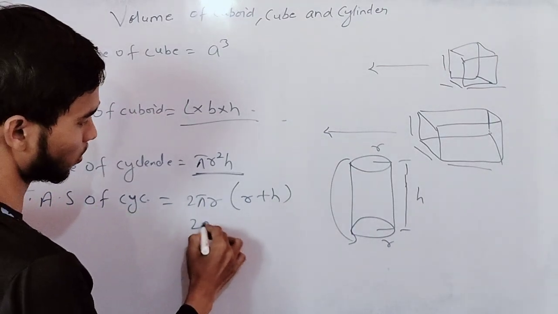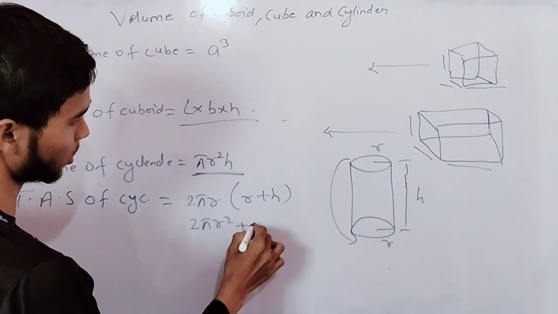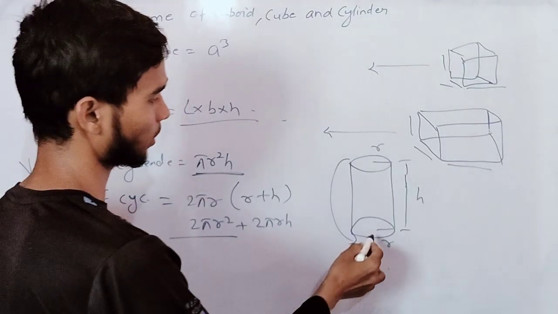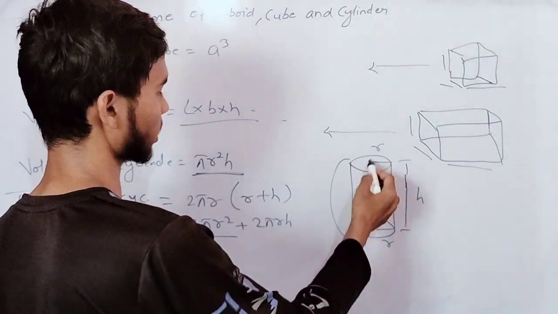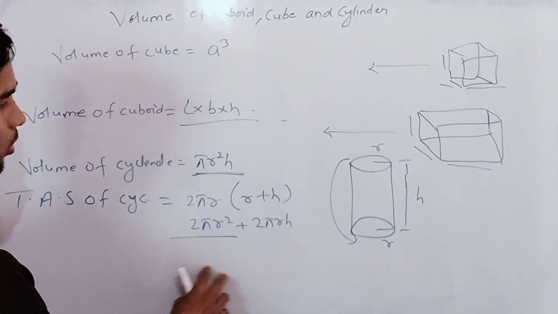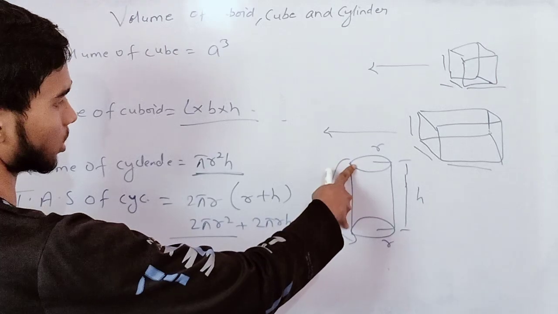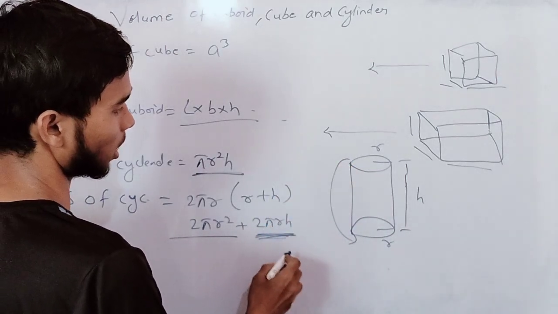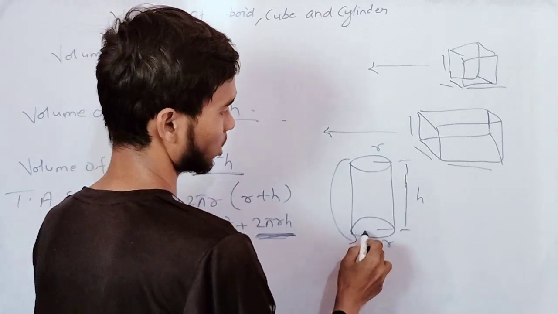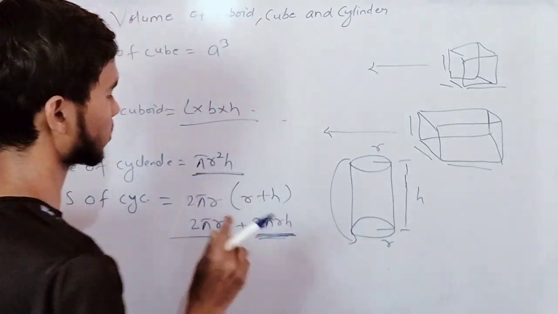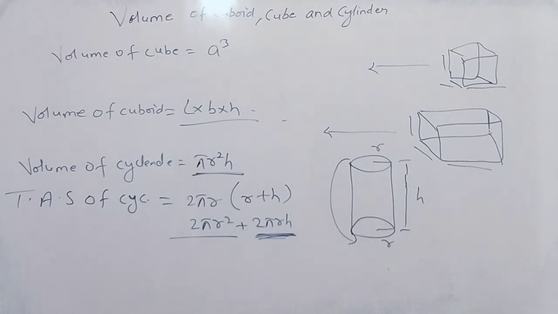It means 2 pi r square plus 2 pi r h. We have this one and this one. 2 pi r square, we took 2 circles, and this is the perimeter, 2 pi r h. 2 pi r and h, perimeter. We will get the total surface area of a cylinder.